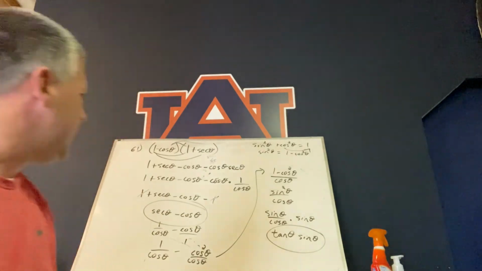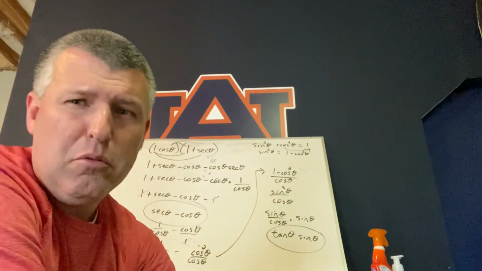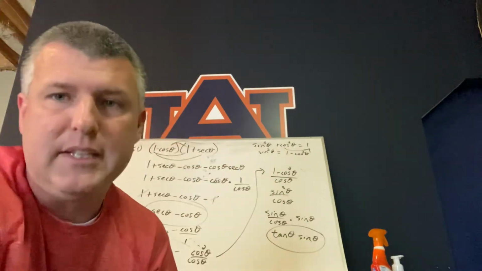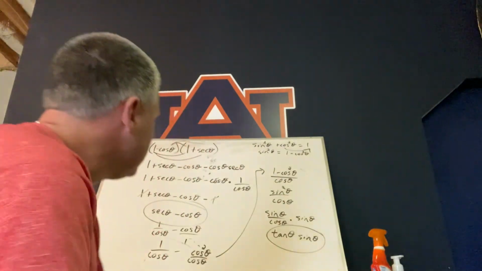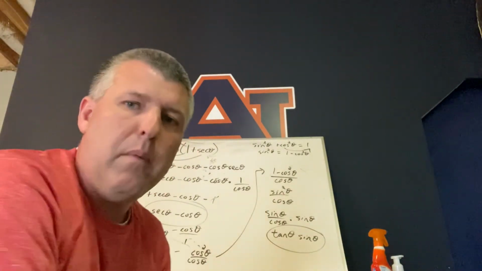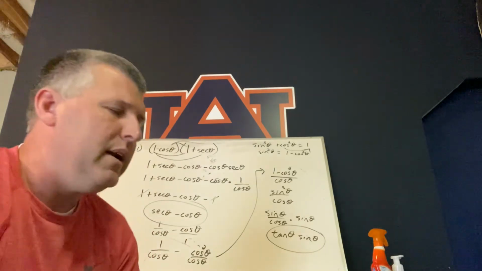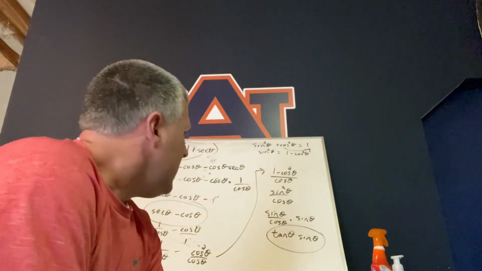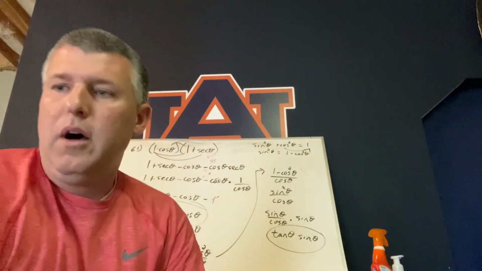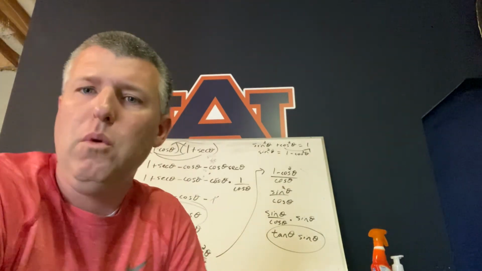We consider that to be simplified a little bit better, simply because we're just multiplying two quantities together, as opposed to subtracting them. And when you subtract, if you have denominators, you have to do a little bit more evaluating and things of that nature.